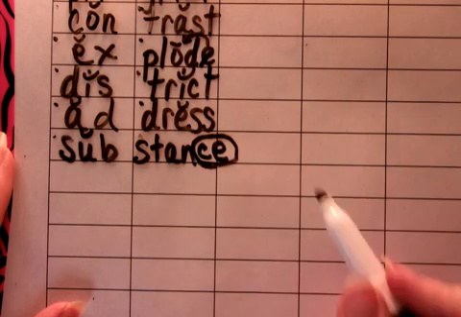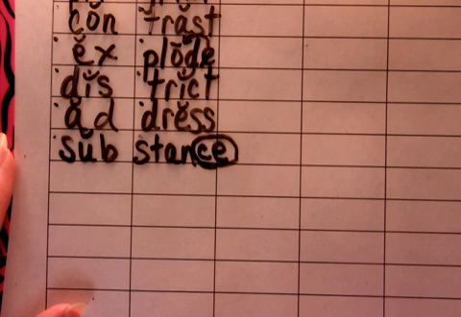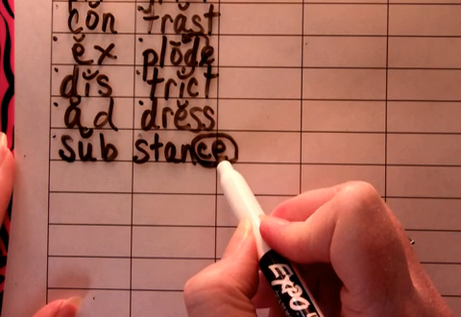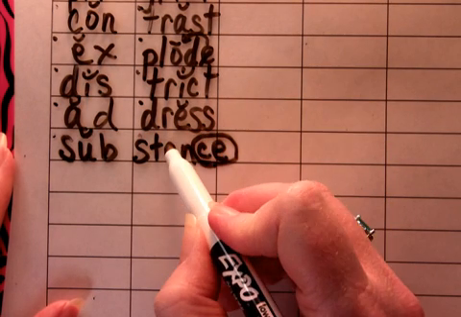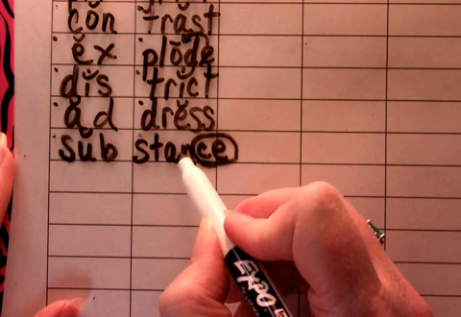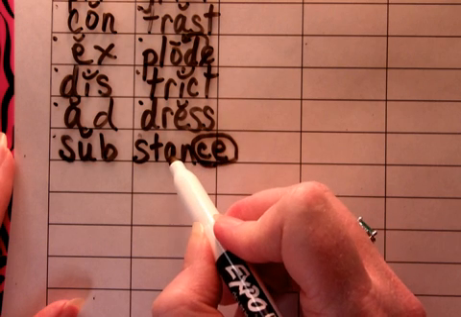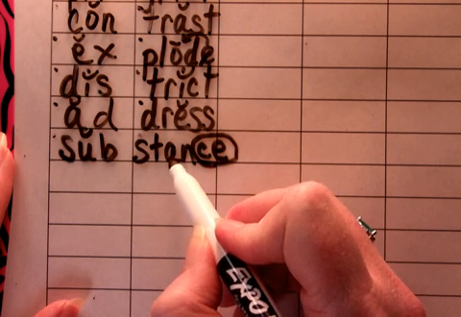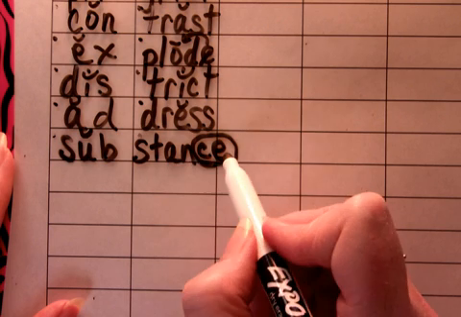So we circle the C and the E because, let me say it again, C followed by an E, I, or Y says S. This E is not jumping over the N and the C to make this A say its long sound. It's not substance with a long A, it's substance.